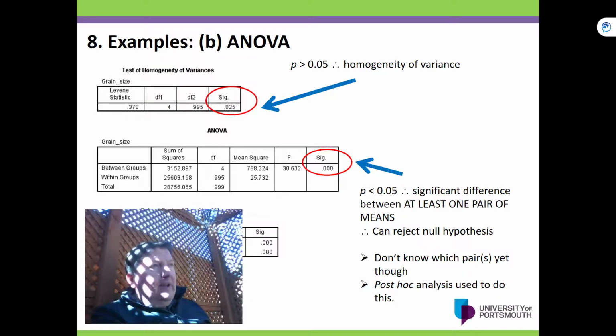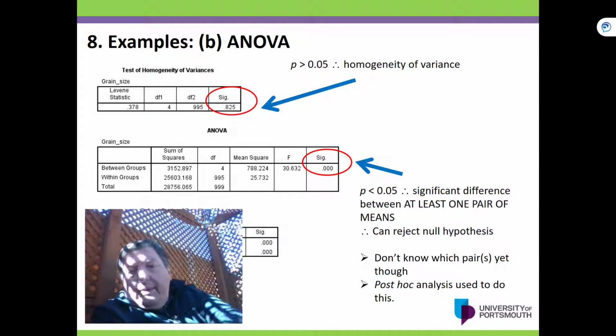So it might give you a value, say 1 times 10 to the minus 6, a very small number, for example. But the important thing is the p is less than 0.05, which is our alpha value. So this means there is a significant difference between at least one pair of means. So you can reject the null hypothesis. You don't know which pair is giving that difference. It might be from sample 3 and 5, or it might be all the samples, or just some of them.